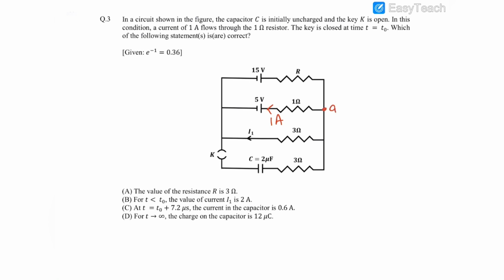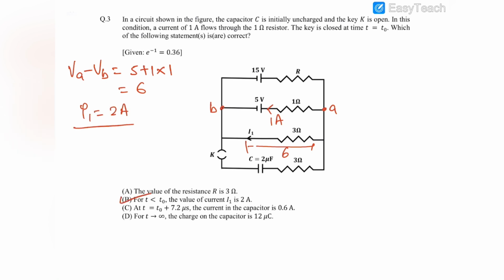So let us name this point as A and this point as B. We can say that VA minus VB will be equal to E plus IR, and E is 5, I is 1 and R is 1. So this is 6, and therefore this voltage would also be 6 and the current I1 would be 2 ampere.